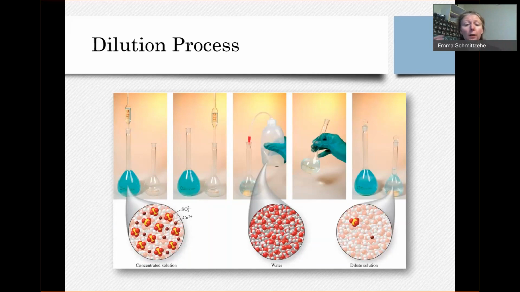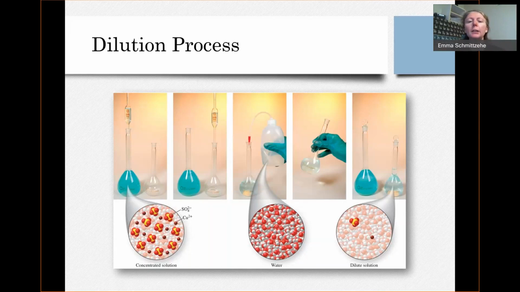That's what they're showing in the first picture: taking some solution out of that flask with a pipette, transferring it to the second flask, then adding some water, mixing it, and finishing adding water to the final desired volume to get the dilute solution. So you normally wouldn't take your entire stock solution and dilute it. You'd take a small quantity of it, whatever you need to prepare the final solution.